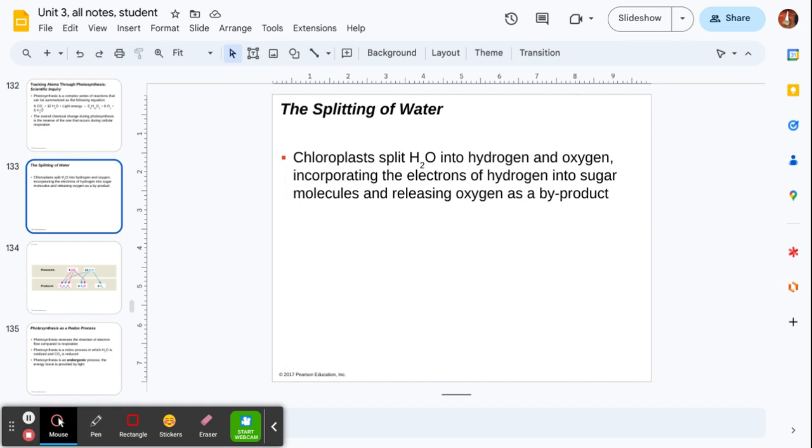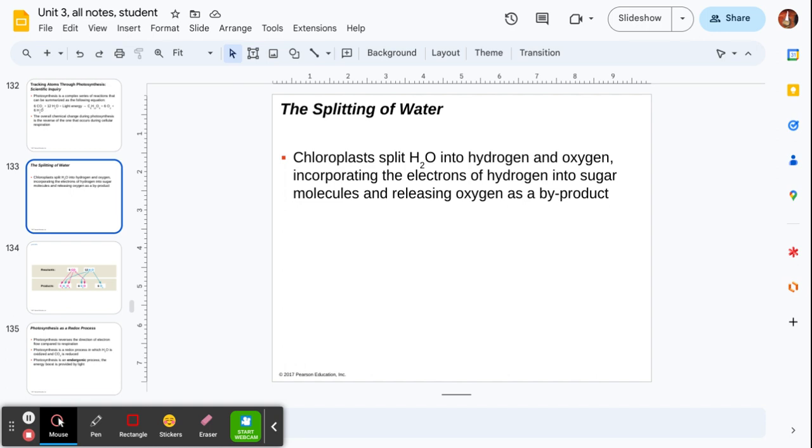A big part of photosynthesis is splitting of a water molecule. It's going to split that water molecule into hydrogen and oxygen. And as it splits it, it's going to release an electron, or I should say electrons, from the hydrogen to produce a hydrogen ion. And those electrons, again, we talked about electrons before.